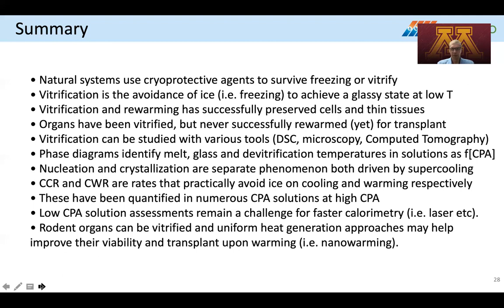These have been quantified in numerous CPA solutions at high CPA, and I gave you a review so you can go back to the original articles if you'd like, or just use the review. And low CPA solution assessments remain a challenge for faster calorimetry. So we're working on new ways to look at this for droplet systems, which is that faster laser calorimetry.